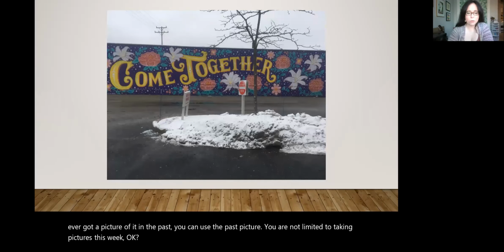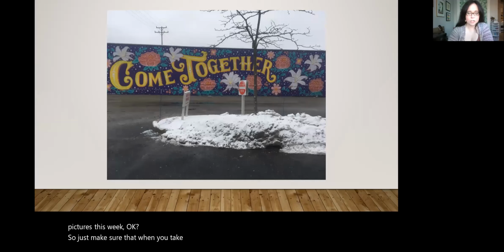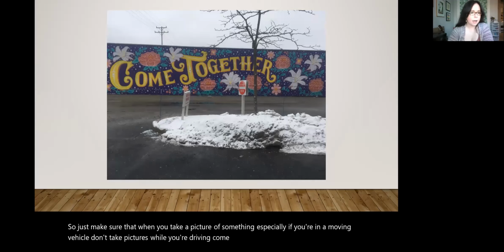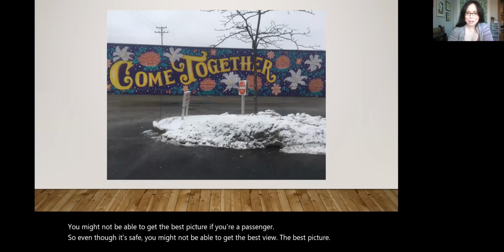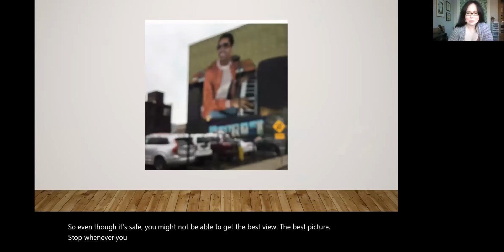So just make sure that when you take a picture of something, especially if you're in a moving vehicle, don't take pictures while you're driving, come on. You might not be able to get the best picture if you're a passenger. So even though it's safe, you might not be able to get the best view, the best picture. Stop whenever you can and take a look.